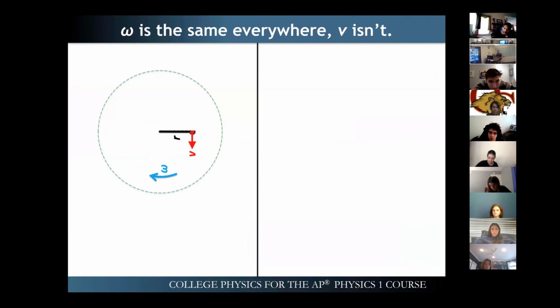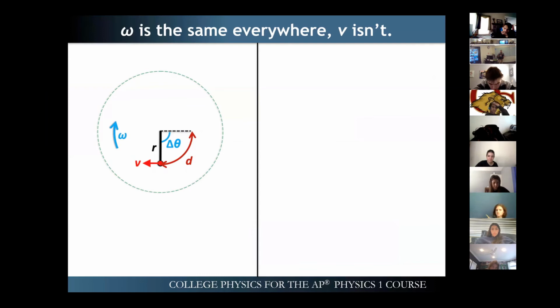The omega, that angular velocity, is going to be the same no matter where the object is on the rotating device, but the velocity won't be. So now we're going to prove it mathematically. If we rotate from the original position to the new position, it just rotated through 90 degrees or pi over 2 radians.